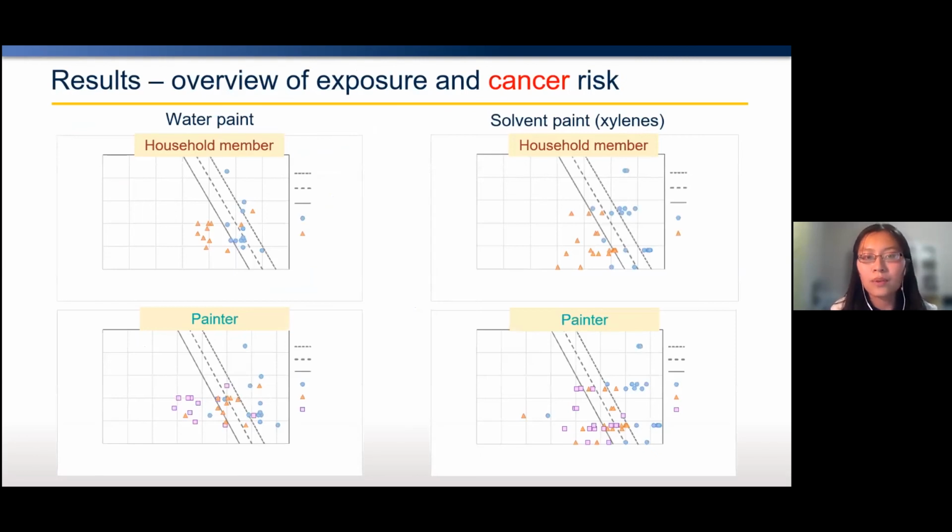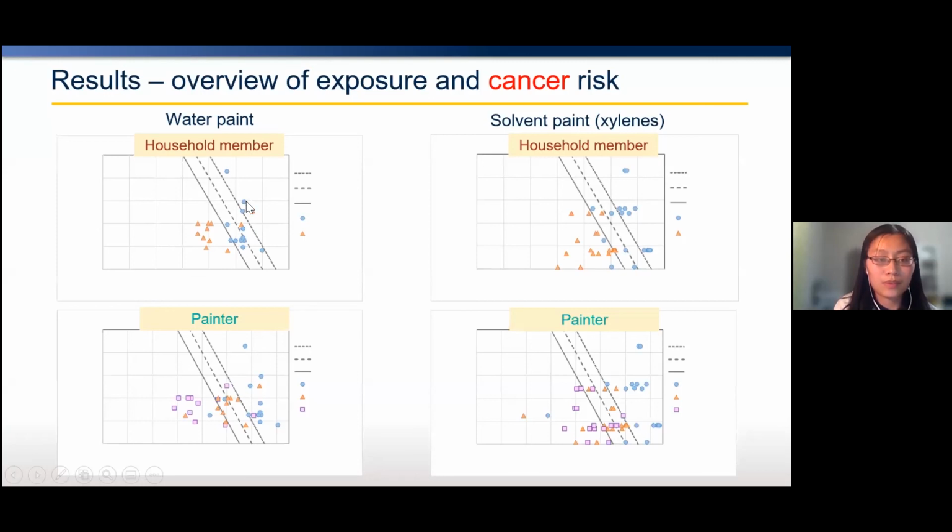Here's an overview of the exposure and cancer risks for the chemicals in the paints. In each graph, the x-axis shows the dose, the y-axis is the cancer slope factor, and these 3 lines show the cancer risk levels of 10 to the minus 6, minus 5, and minus 4.